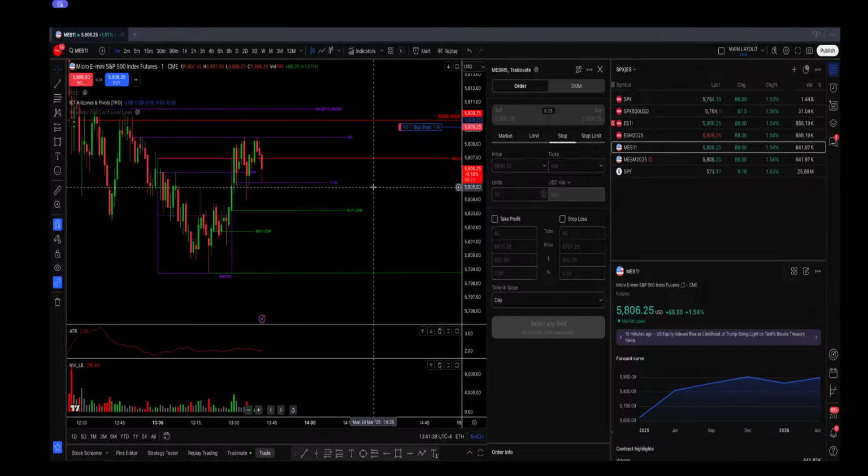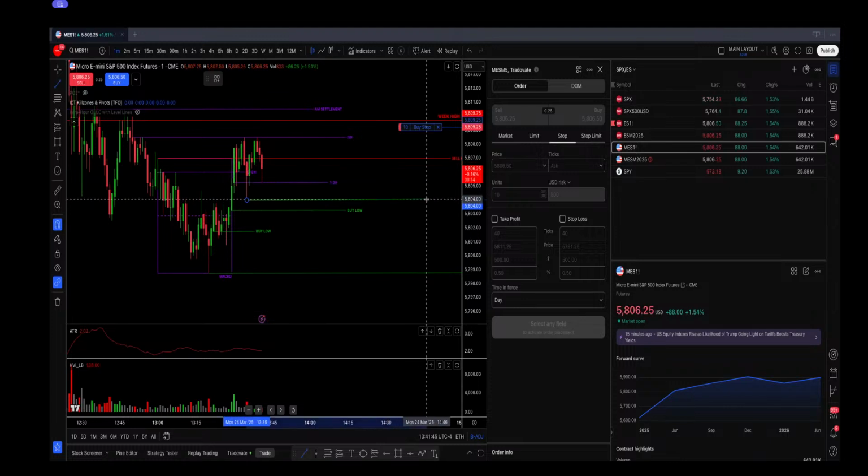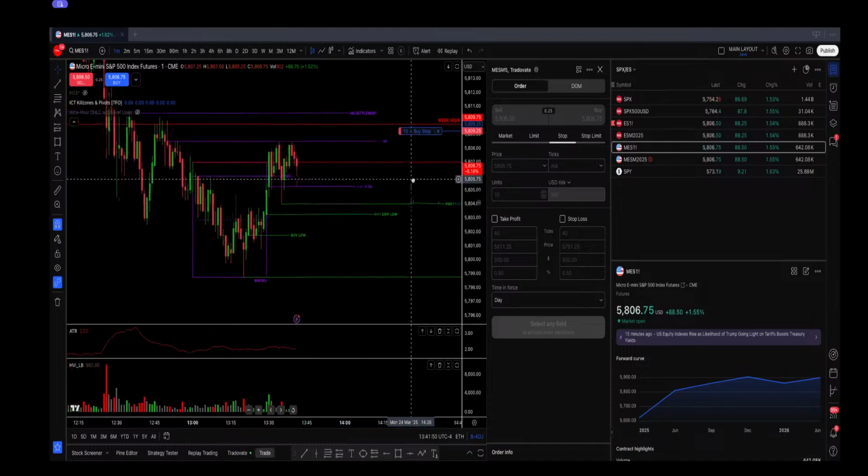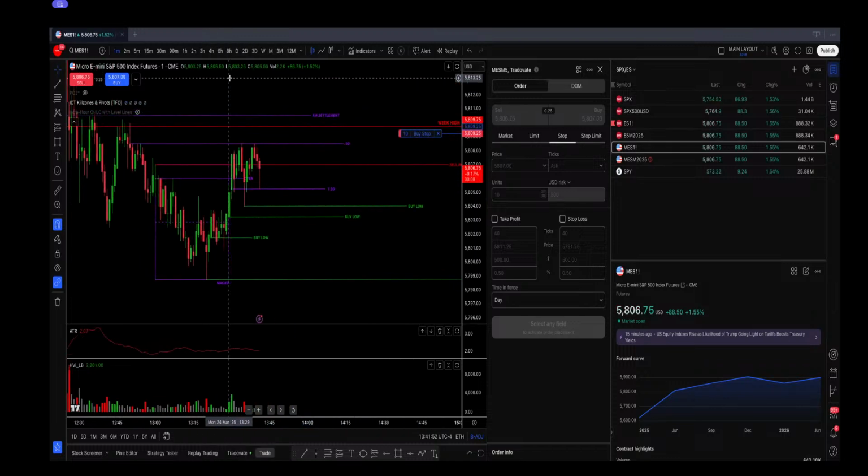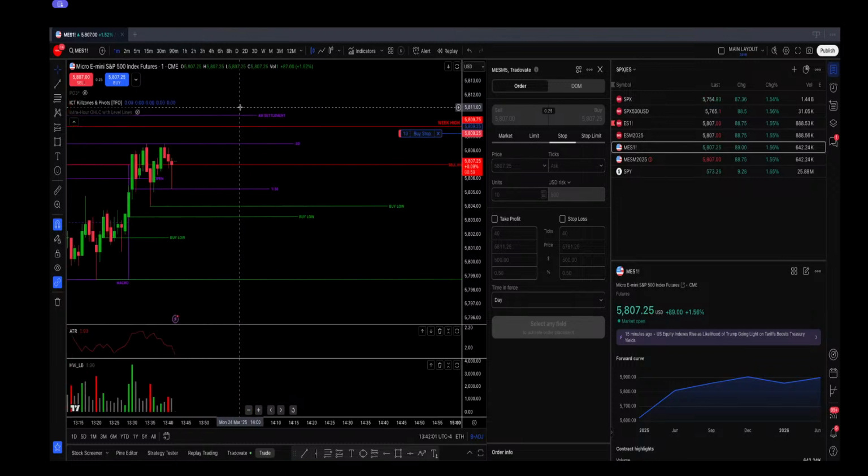Got a whole 130. And then from there would essentially be this low. Apparently this is a seller's candle.